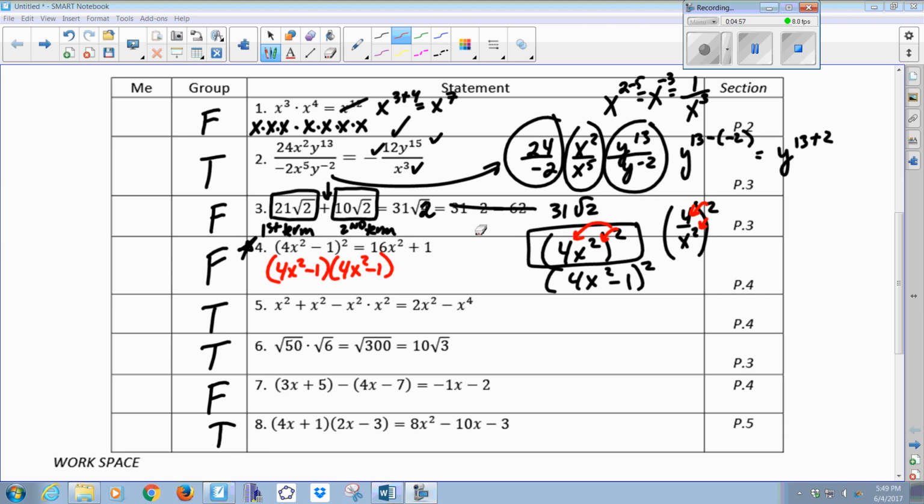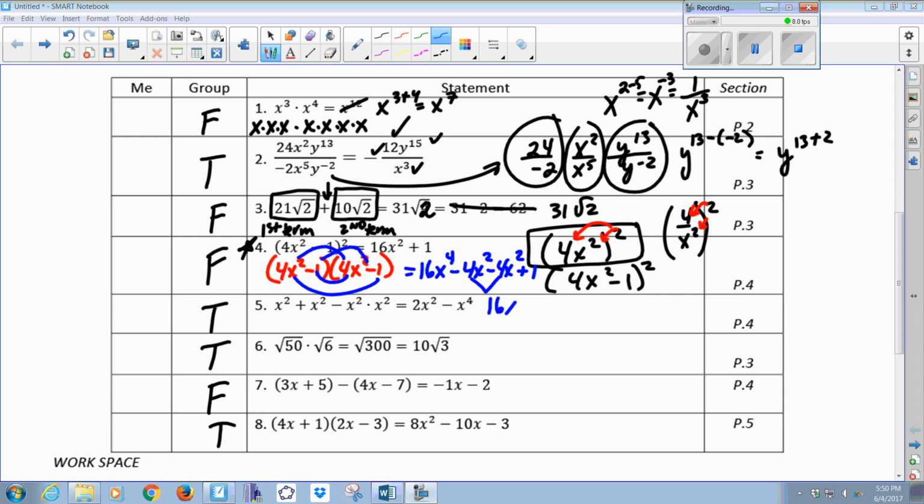So you show that you have two factors of that base, and now you use your distributive property twice. So you get 16x to the fourth minus 4x squared minus 4x squared plus 1. We get to combine these second and third terms here.